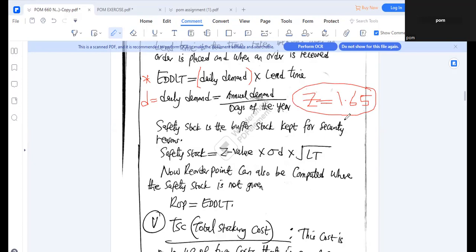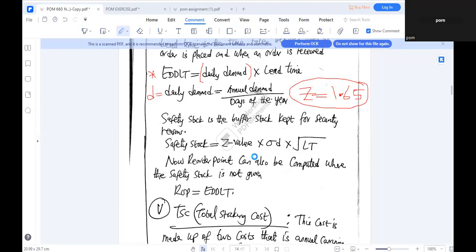When the Z is not given, you're assuming that we are getting a 90% service level. This is the standardized Z value that you should use when it's not given in the question. So if the safety stock is not there, then the order point should be according to the standard deviation of demand.